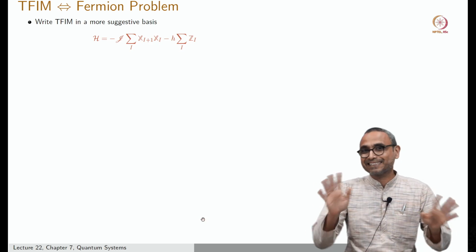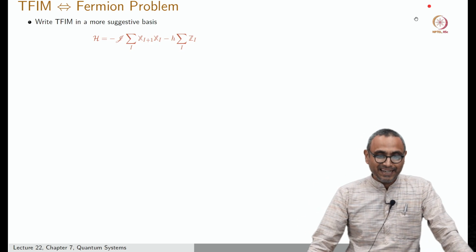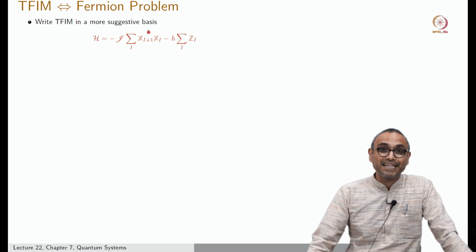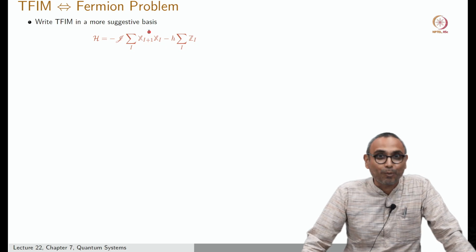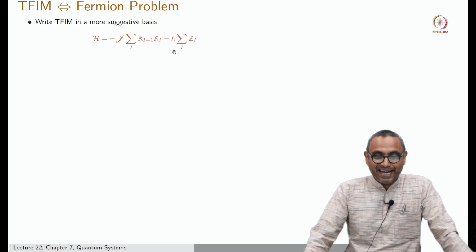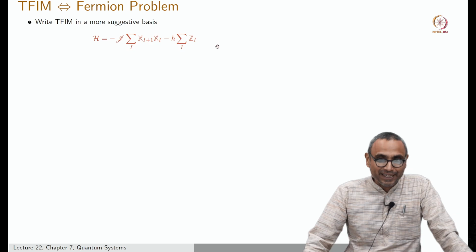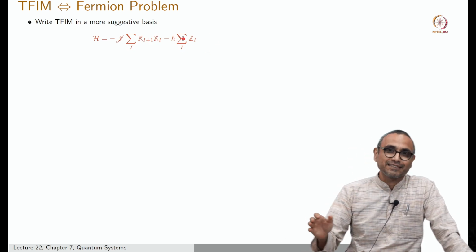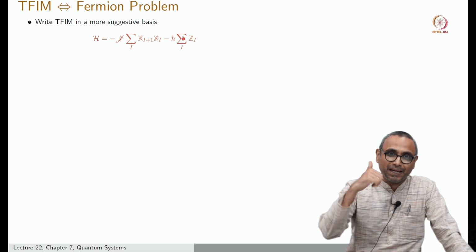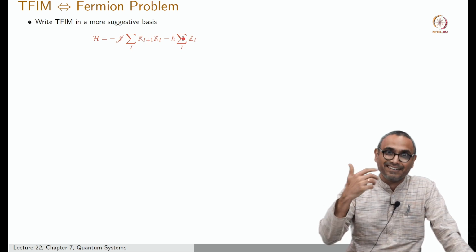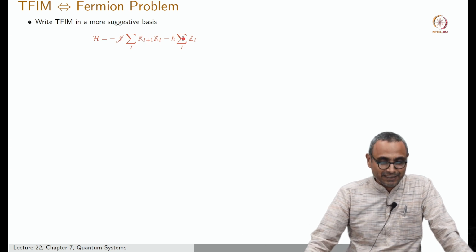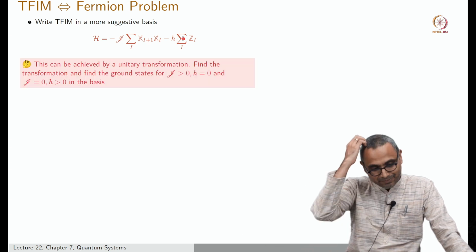So I do a basis transformation in the qubit space, and what I used to call Z operators, in this new basis are called X operators, and what I used to call X operators now are called Z operators. If you think about this, you can see that this can be done by a pi by 2 rotation about the y axis of the qubit space. Please work this out, it's actually pretty straightforward.